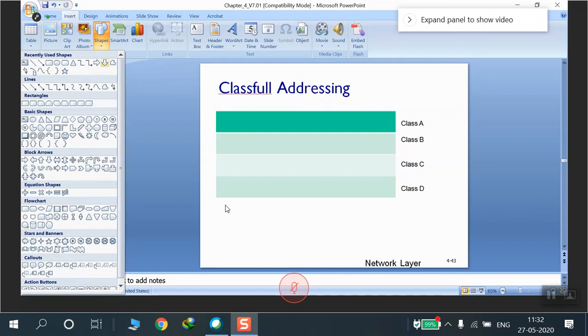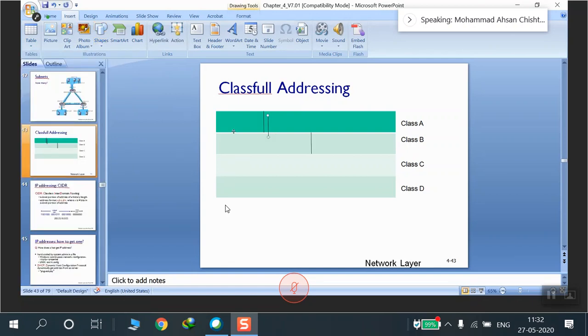Class B says that first 16 bits belong to the network part. Class C says that first 24 bits belong to the network part, and class D is what we have as multicast addressing. I'll come to that as well.